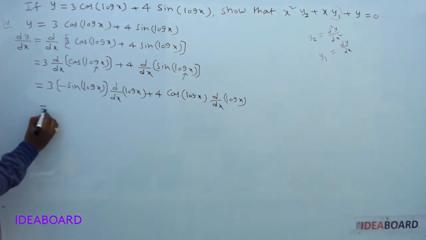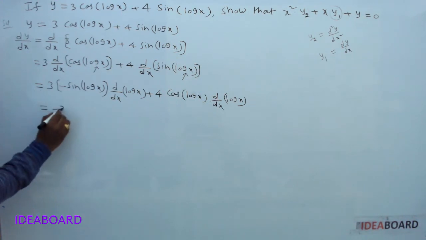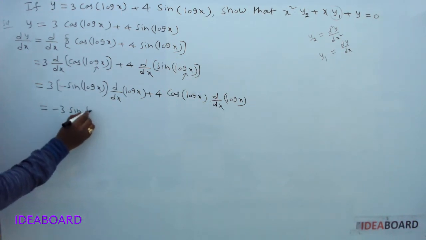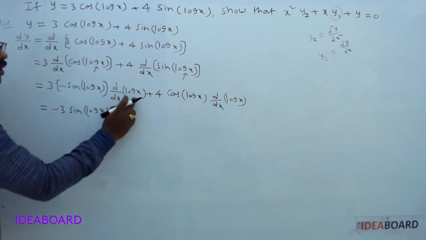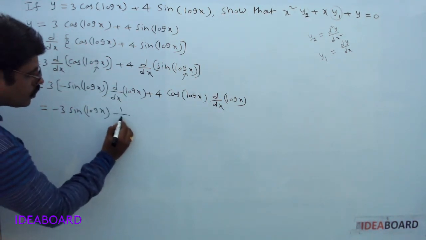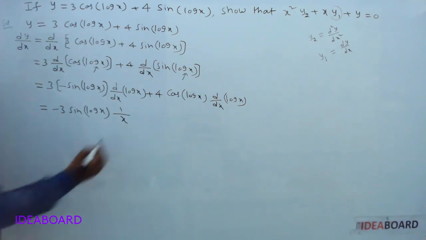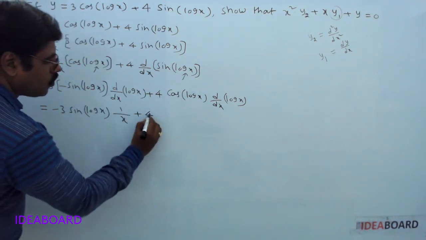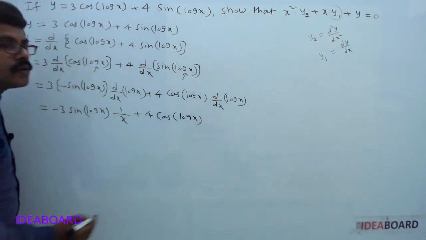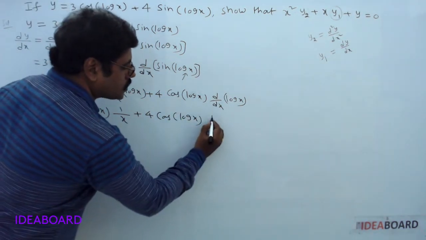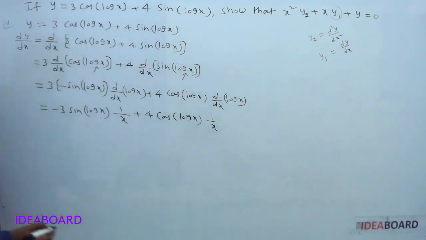Now this equals minus 3 into sin of log x into derivative of log x. So derivative of log x is 1 by x, plus 4 into cos of log x into derivative of log x, that is nothing but 1 by x.